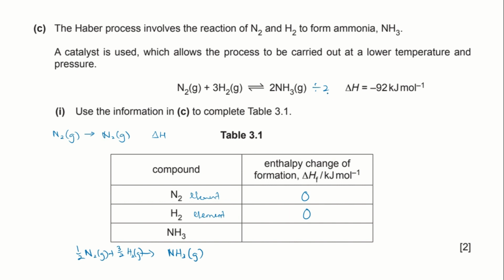Okay. Let's have this equation, then we'll be able to get the equation for the formation of 1 mole of ammonia gas. That means the delta H for formation of ammonia will be enthalpy change of Haber process divided by 2. That would give us negative 46.